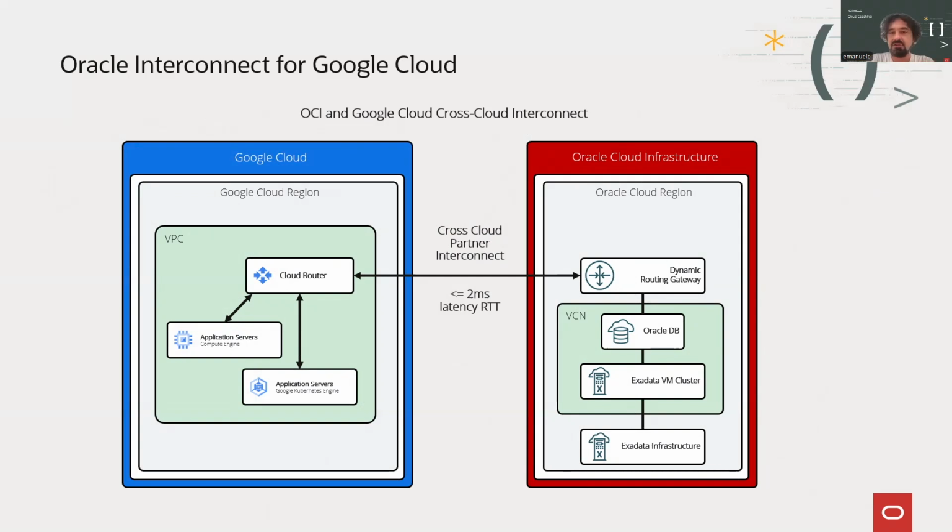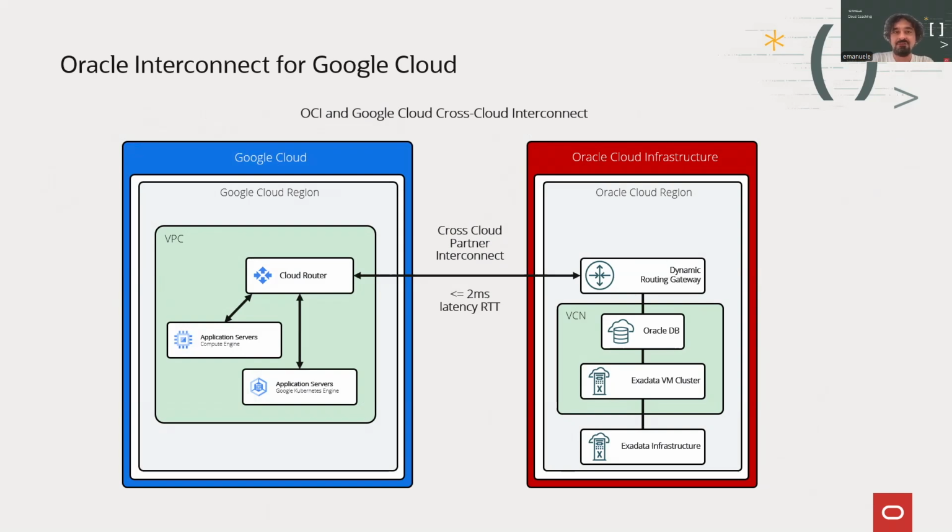It talks BGP to the DRG on the Oracle Cloud side. Cross-Cloud Partner Interconnect is the logical layer 3 link between the Cloud Router and the DRG. And as we said, there's a target of less than or equal to 2 milliseconds round-trip latency between the two direct connect regions.